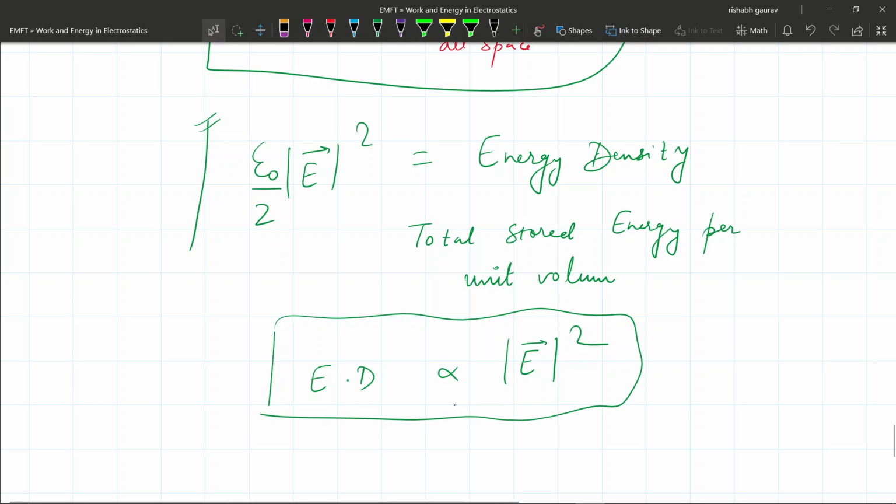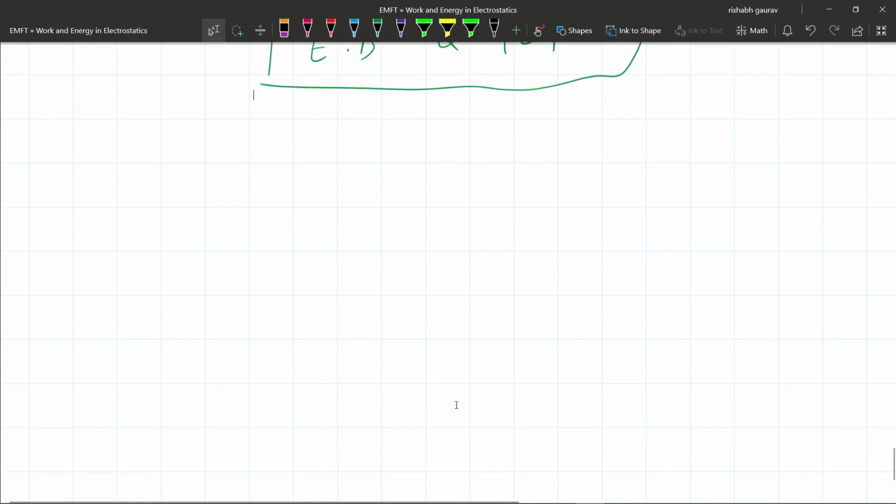Let us take an example of a parallel plate capacitor.